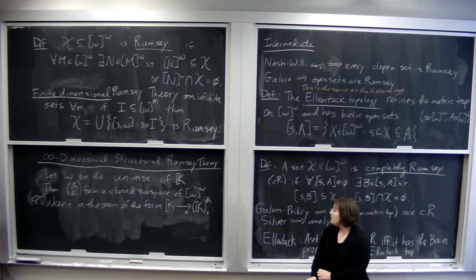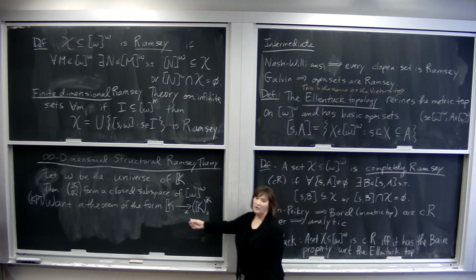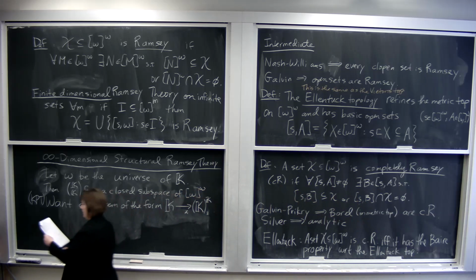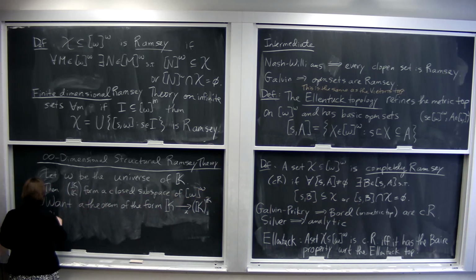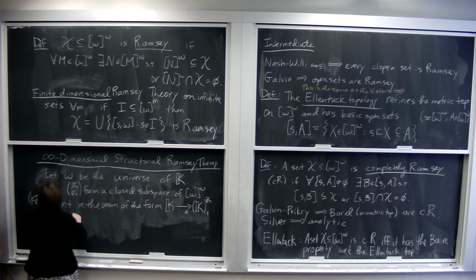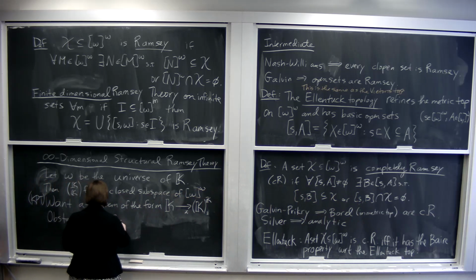So we want a theorem of this form. Now star means subject to some definability criteria and possibly more, right? And we find out that we need the possibly more because of big Ramsey degrees. So the obstacle is the big Ramsey degrees.